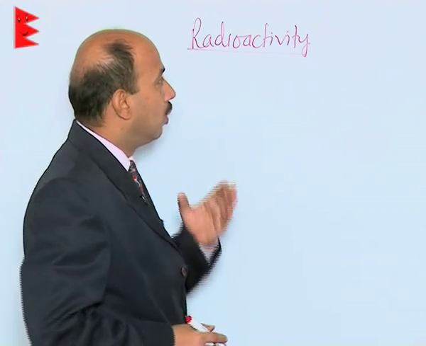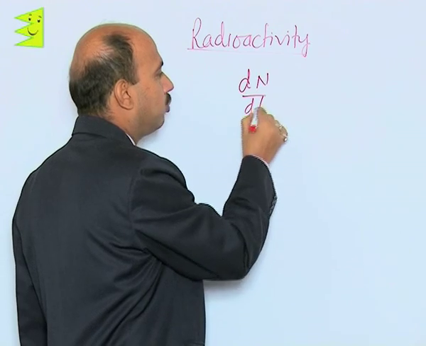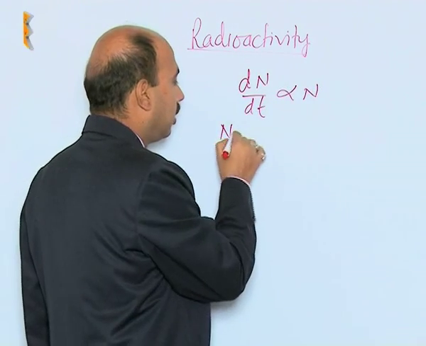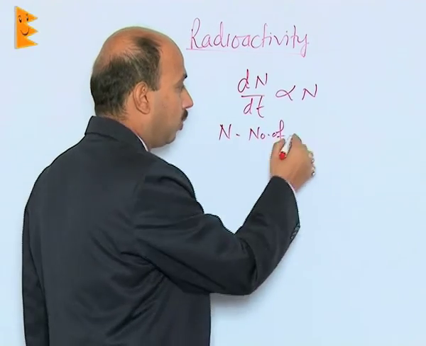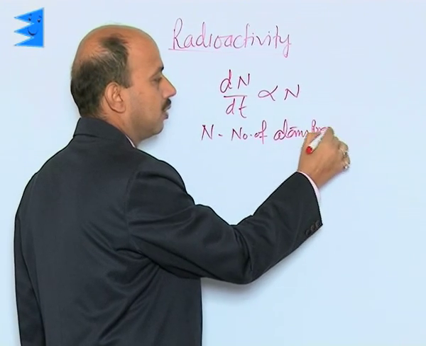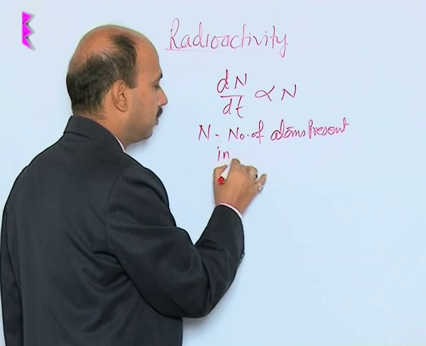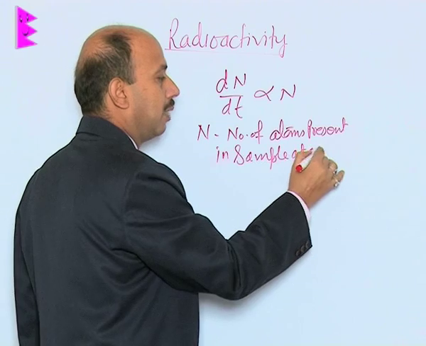So according to the law of radioactivity we can write dN/dt is proportional to N, where N is the number of atoms present in the sample at any time t.